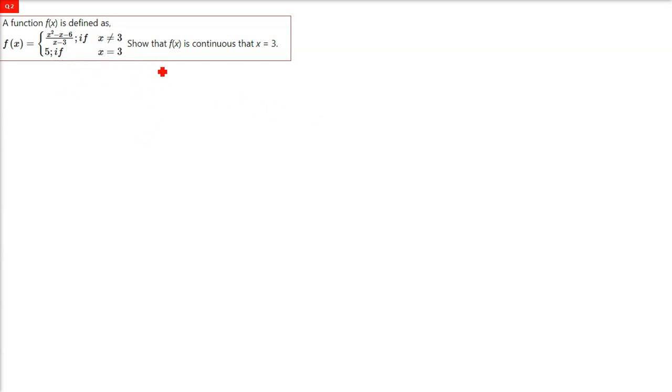A function f(x) is defined as, I told you there is x equals 3, we have to find out, this is a road, this is a pathway, and at x equals 3 you have to find out whether this function is continuous or not. At x equals 3 it is given proper value 5, but we will have to check it just behind 3 and just a bit forward of 3.